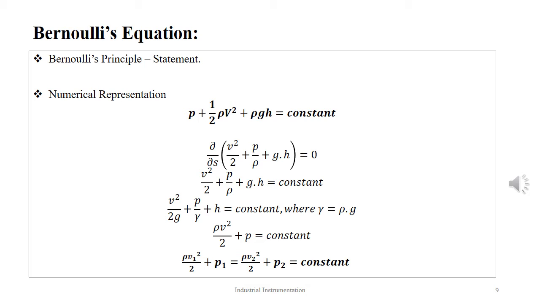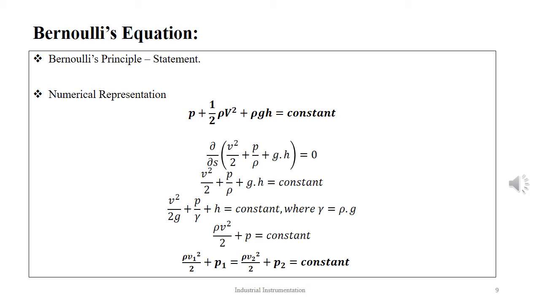Thus, if we divide the equation by rho, we get V square by 2 plus P by rho plus GH equal to a constant. Thus, we can say that V square by 2 plus P by rho plus GH equal to constant. Substituting gamma for rho g, we get V square by 2g plus P by gamma plus H equal to constant, which gives us rho V square by 2 plus P equal to constant.